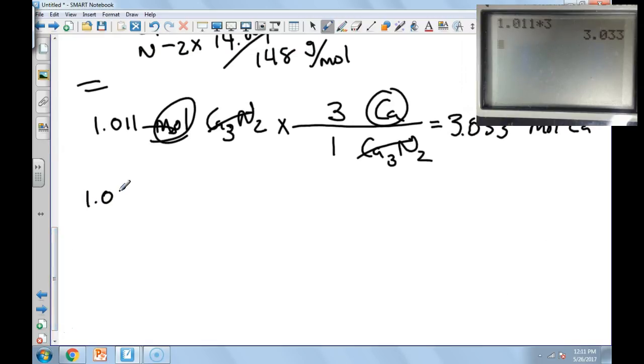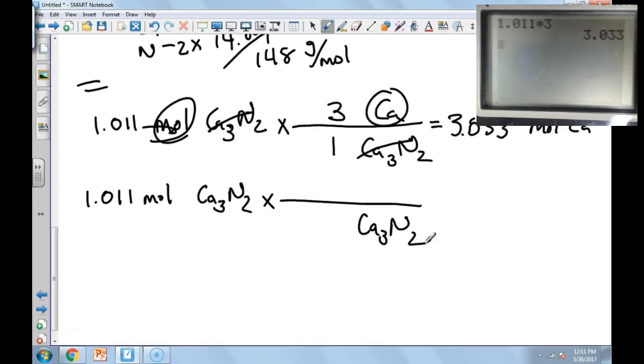Okay, now we're going to do the same thing with nitrogen. We're going to use the first change box that we calculated. We're going to X-line it. We're going to put Ca3N2, but now we want to convert that to N2. And this is for every 1 N2, we get 1 Ca3N2. And so this, we use the coefficients. Now, this you probably don't need a calculator for, because we're just multiplying by 1 and then dividing by 1.